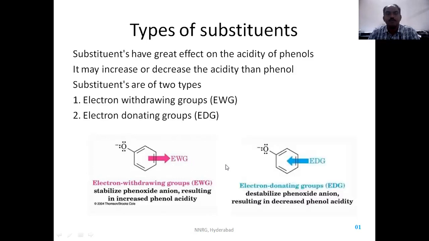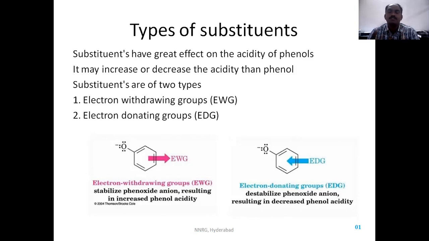The other type of group is the electron donating group. What do they do? Electron donating groups donate electron cloud to the aromatic nucleus, so the electron cloud on the aromatic nucleus increases, which in turn increases the electron cloud on oxygen. Oxygen is more electron rich, so it will not have the affinity to lose a proton.